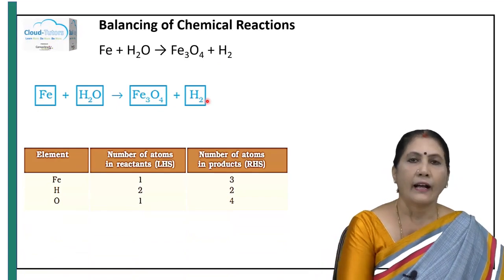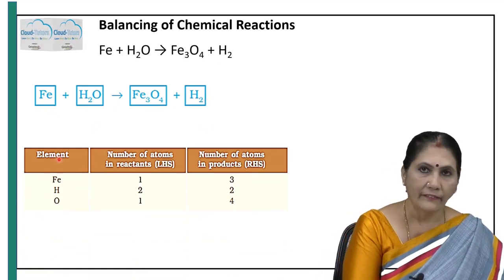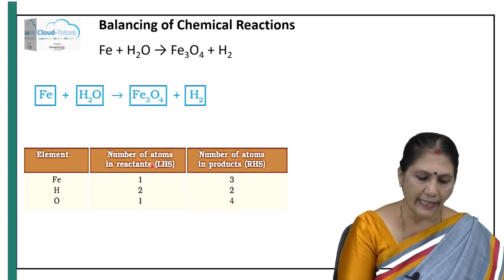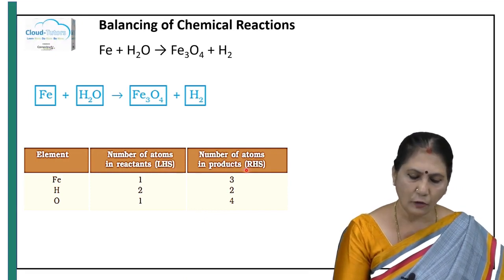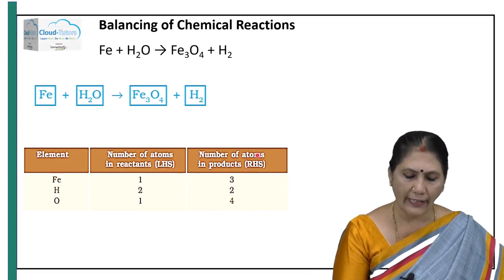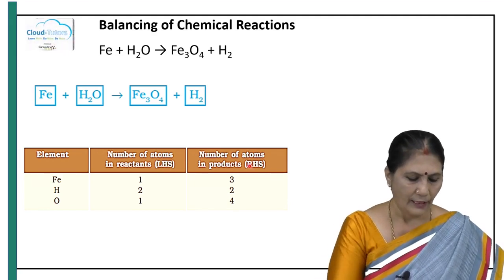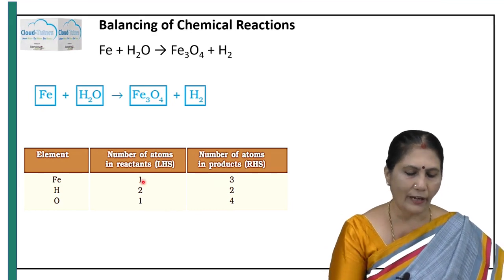Next, make a tabular column. Write the element first, then how many atoms of the element are there on the reactant side, the left hand side. Then you make another column, the number of atoms on the product side. Now, iron, how many is on the reactant side? You have 1.